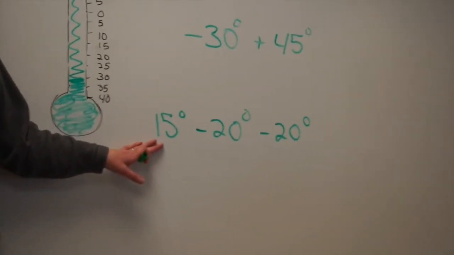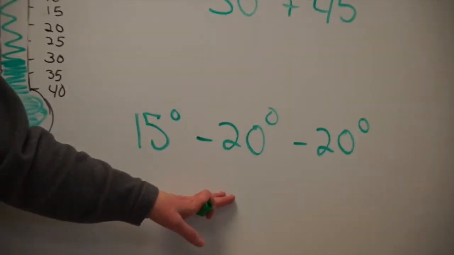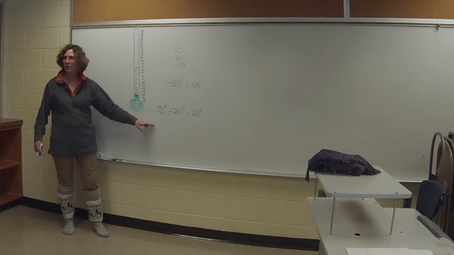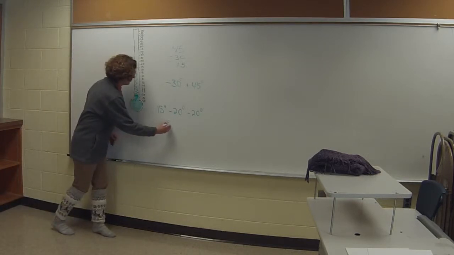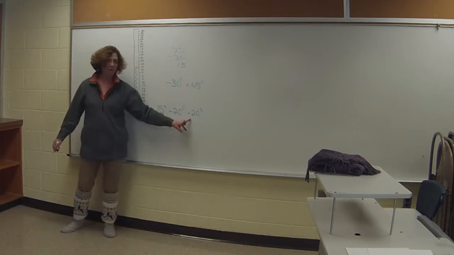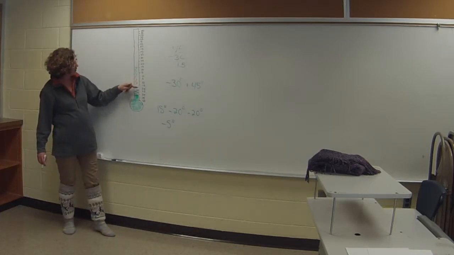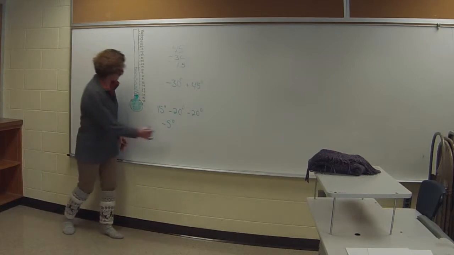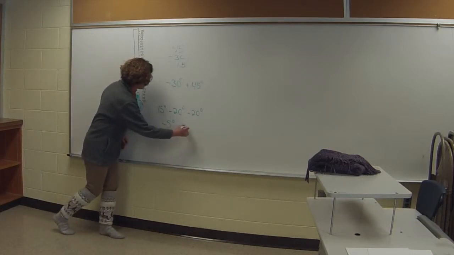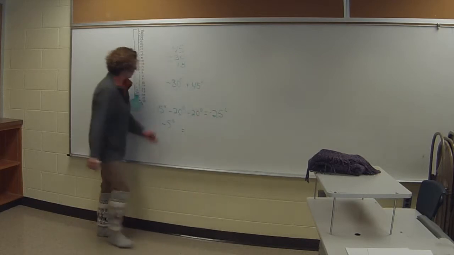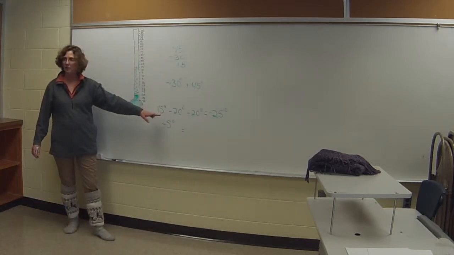You're at 15 degrees, you drop 20: 5, 10, 15, 20, you're going to be at a minus 5. If you drop 20 more: 5, 10, 15, 20, you're going to be at a minus 25. And that is the answer.